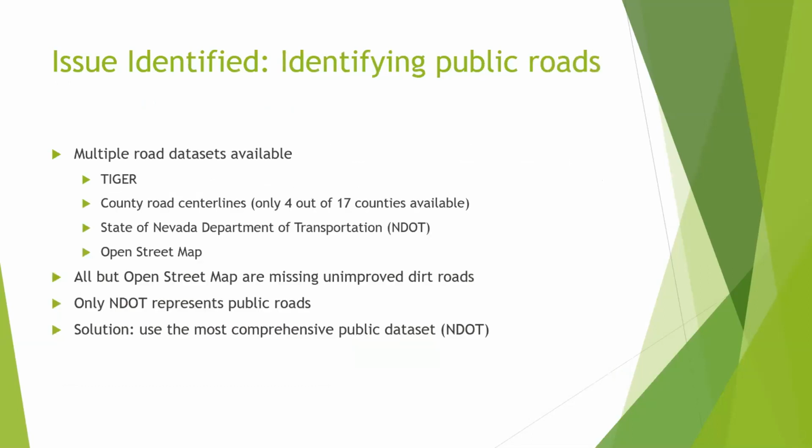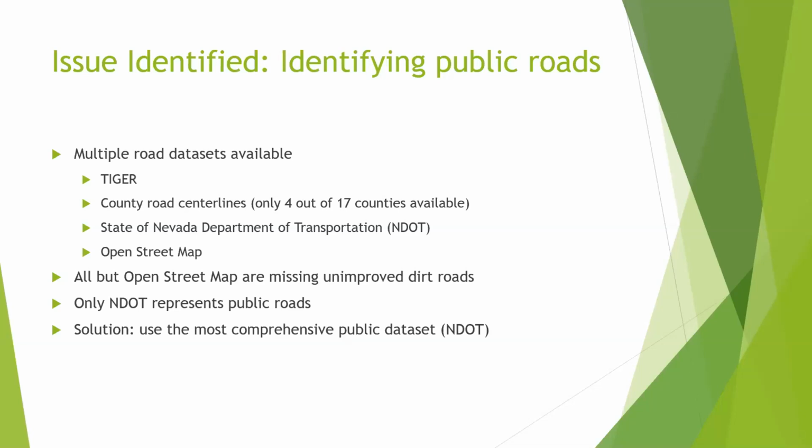Another issue I ran into was how to accurately identify public roads to include in the analysis. I looked at different road data sets, including the Tiger data, hoping to use county roads, but that didn't work out because there are only 4 counties that share roads. The Nevada Department of Transportation has some roads, and then there's OpenStreetMap.